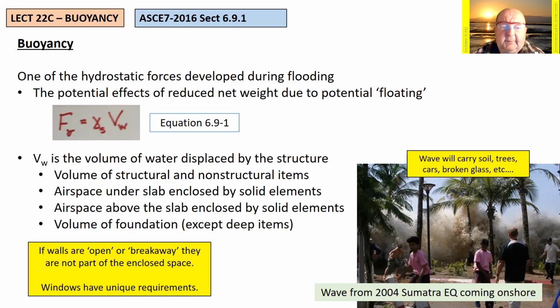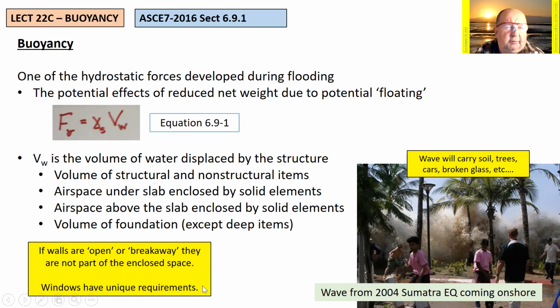But we also need to think about the fact that there's going to be an airspace that may be trapped under the slab, especially if it's inside the beam soffits around the perimeter of the building. And there may also be some airspace above that slab, which is enclosed by whatever solid walls are being built above the floor slab. And of course, there's also the volume of the foundation, except we don't need to consider things such as deep piers or piles.